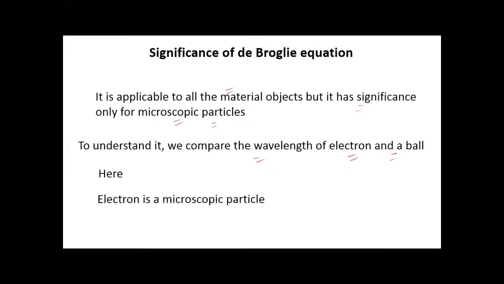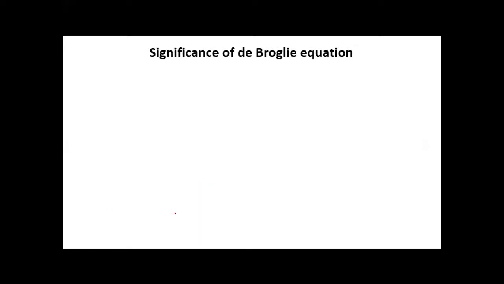Here, the electron is a microscopic particle, whereas the ball is a macroscopic particle.